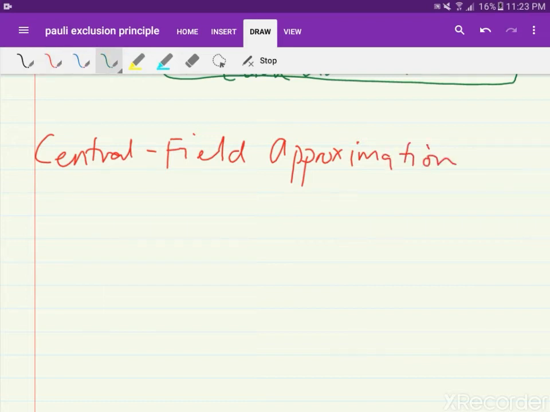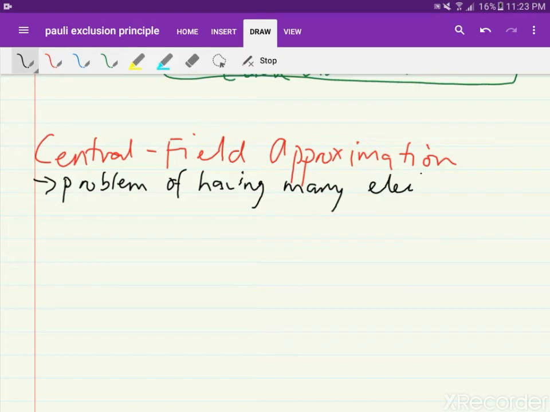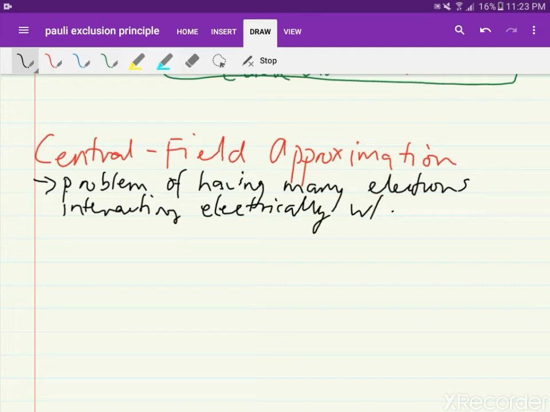This resolves the problem of having many electrons interacting electrically with each other.